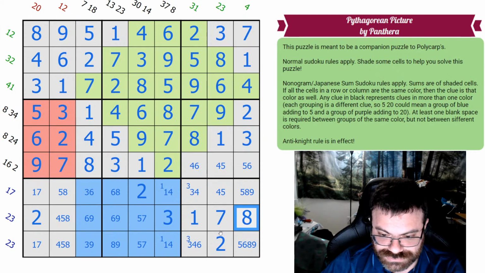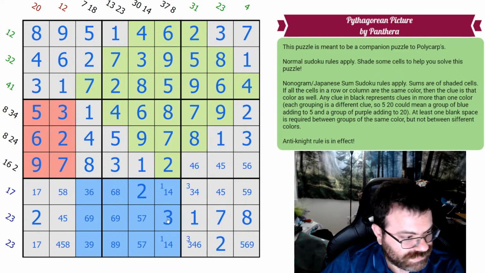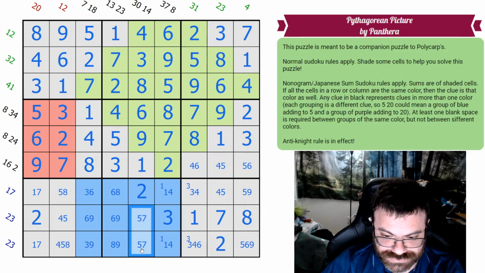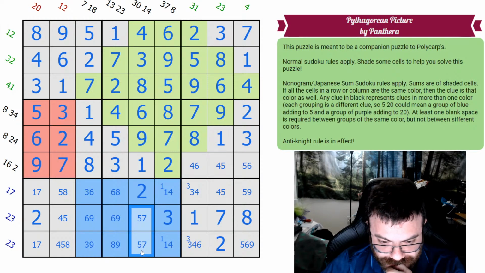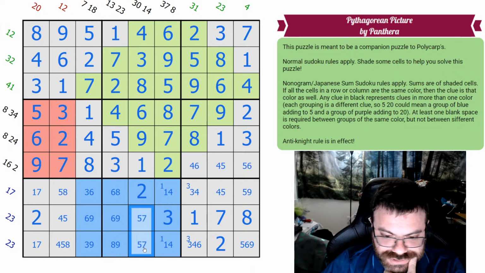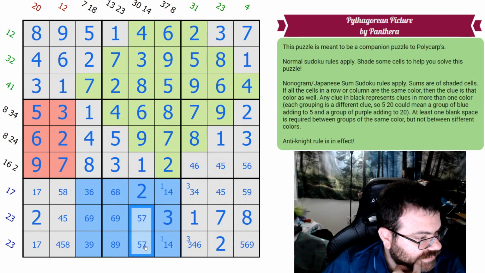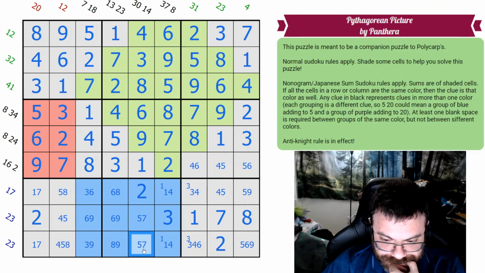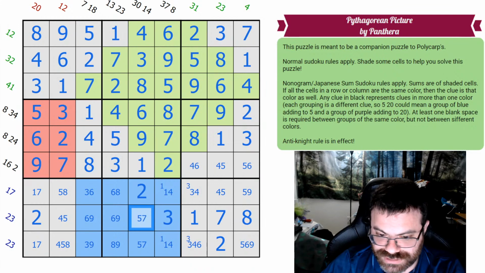Six, 9 pair. That's an 8. I don't see what to do with the 5, 7 pair. Wait, we've got a 7 already. I see. So that's 5 and 7.